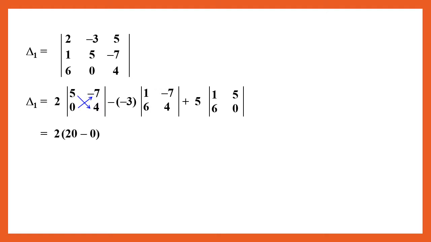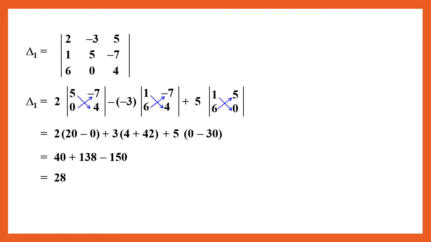So we get 2 into 20 minus 0 plus 3 into 4 plus 42 plus 5 into 0 minus 30. On further simplifying, we get 40 plus 138 minus 150. So the value of delta 1 is equal to 28.